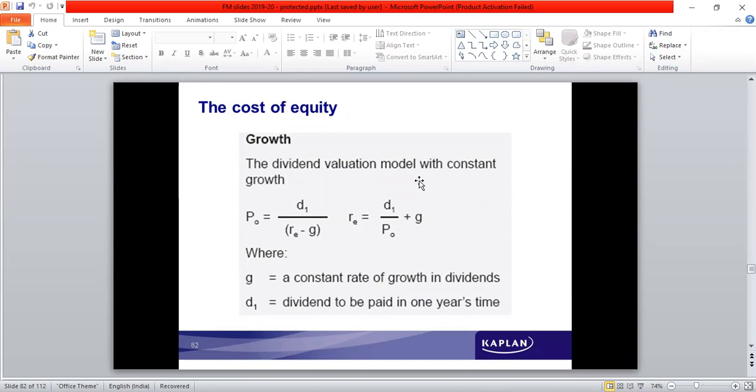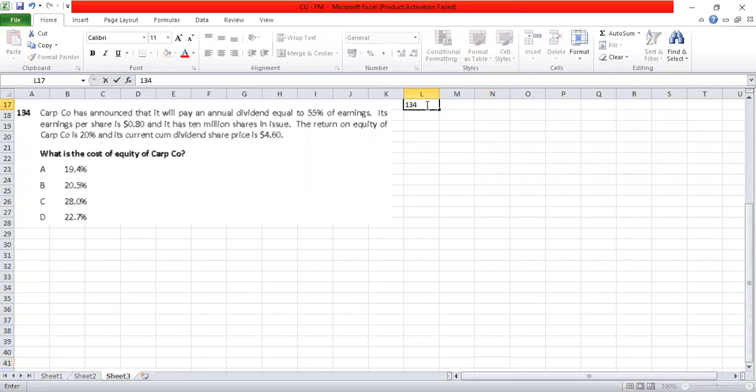So let's get back to the Excel file. D1 by P0 plus G. Let's define the terms here.